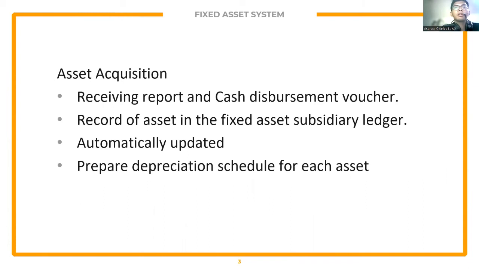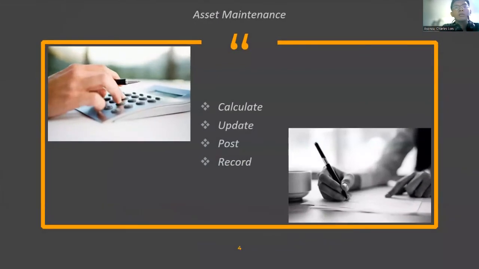The system prepares a depreciation schedule for each asset when its acquisition is originally recorded, and then stored on a computer disk to permit future depreciation calculations. Next, we have asset maintenance. What happens under asset maintenance? First, we calculate the current period's depreciation, then updating the accumulated depreciation and book value fields in the subsidiary records.